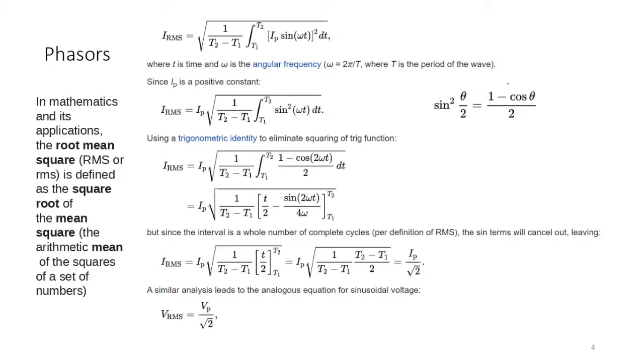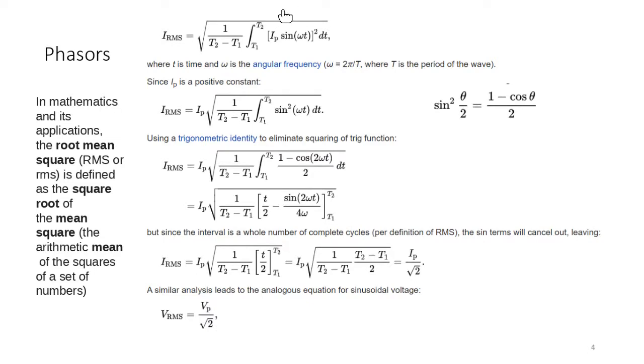You're also familiar with this one. We'll not go into the derivation of this one, but at the end, the VRMS, root mean square, is the peak voltage over square root of 2. This is what you had in circuits. The terminology is root mean square: the maximum voltage or maximum current over square root of 2.